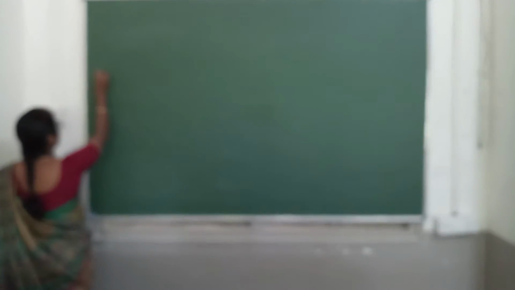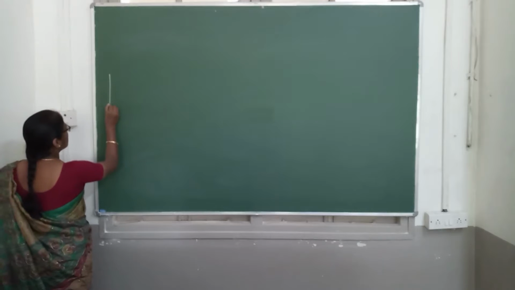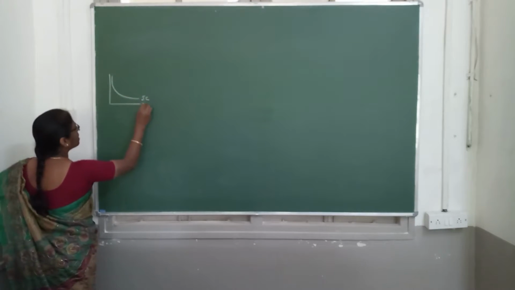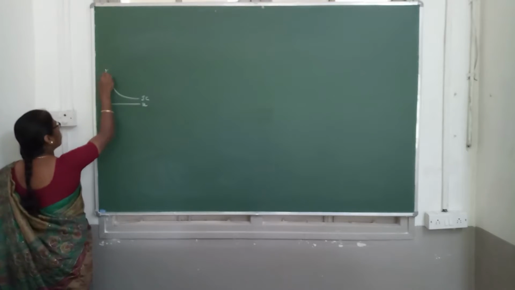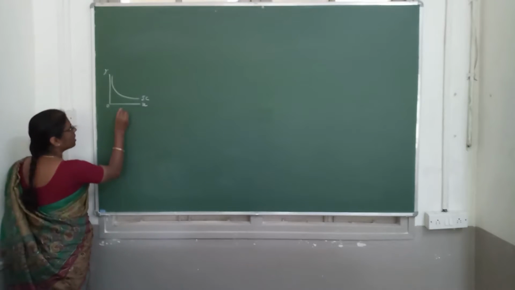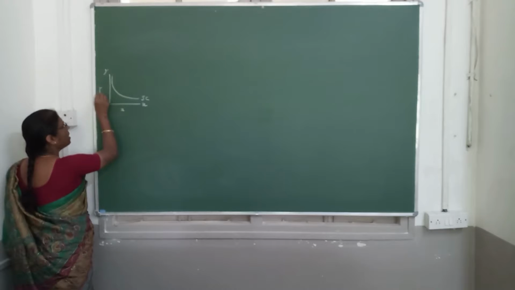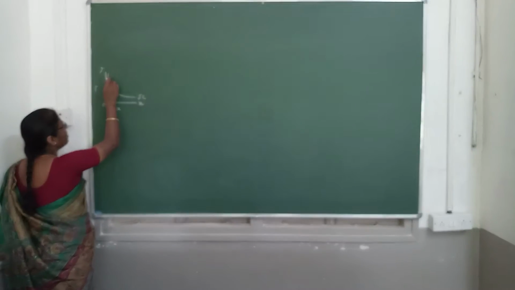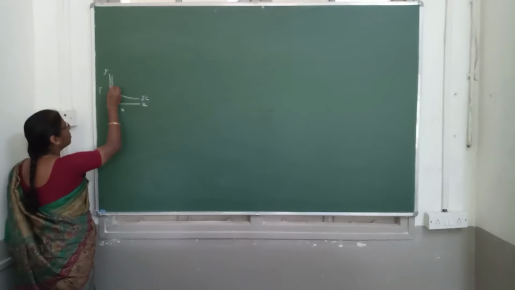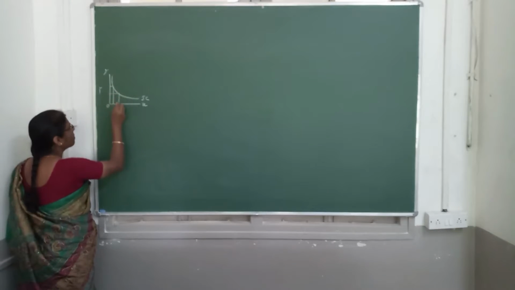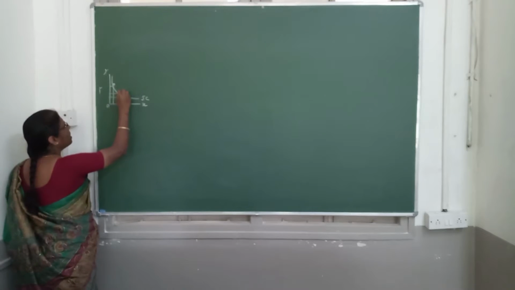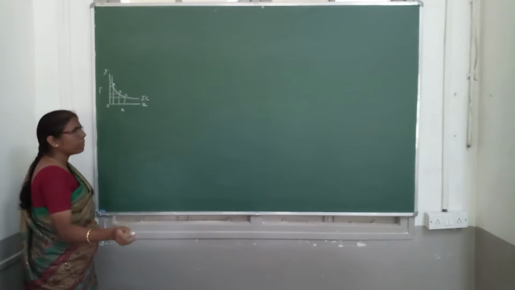See here, I will draw a simple indifference curve. This is the indifference curve. This is the x axis and this is the y axis. So here the x commodity is given and here the y commodity is given, and here different combinations are there. Maybe A or maybe C or maybe D, whatever it may be.